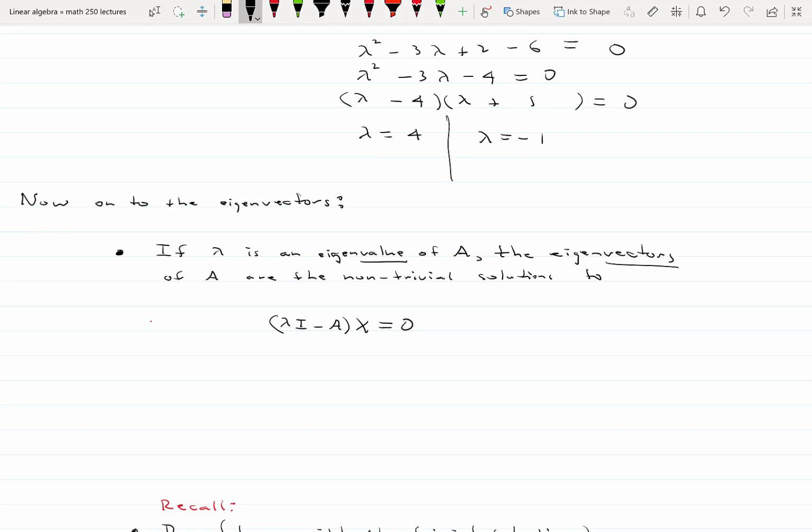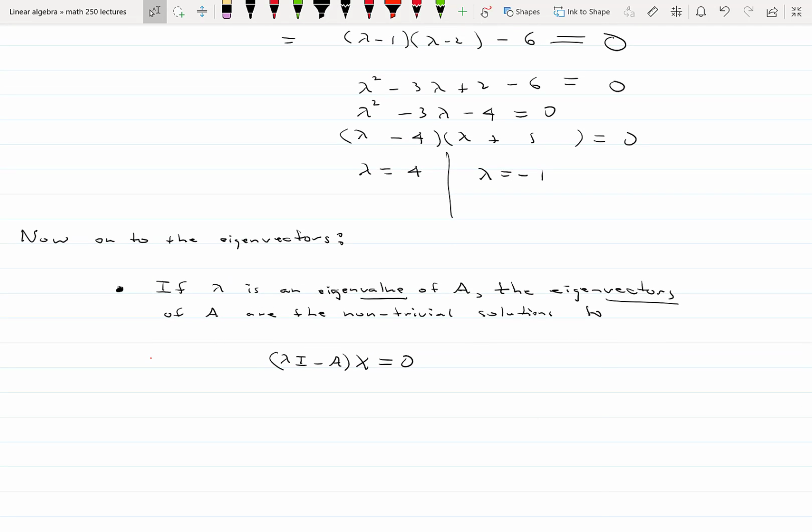If lambda is an eigenvalue of A, and we have 2 of them for our current matrix, 4 and negative 1, then the eigenvectors of A are the non-trivial solutions to lambda I minus A times x equals 0. Okay, so that tells us what we need to do.